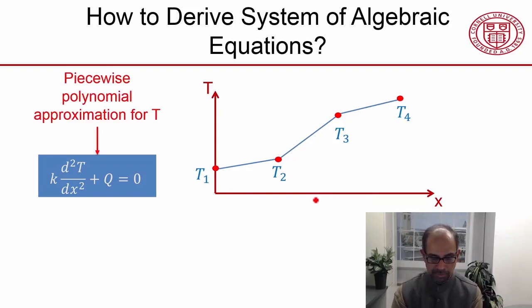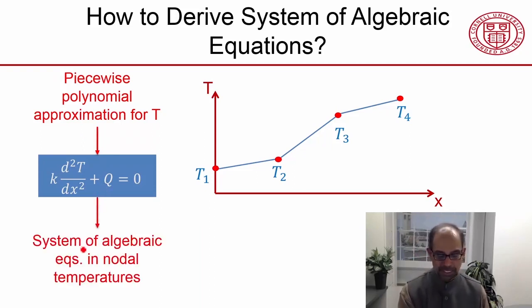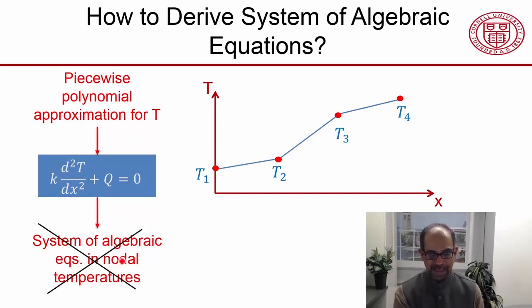I can take that shape, that is my piecewise polynomial approximation for temperature, and I can plug it in here, and maybe I'll get my system of algebraic equations in the nodal temperatures. And I tried that, and it turns out it doesn't work. As the kids in my daughter's school would say, eh. By the way, textbooks don't tell you that. They don't tell you that this approach doesn't work. And in fact, it's quite easy to see that it won't work.